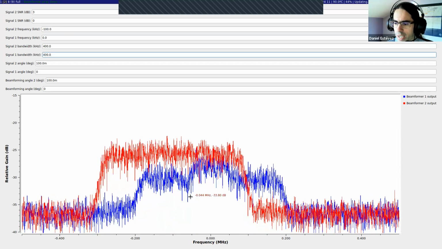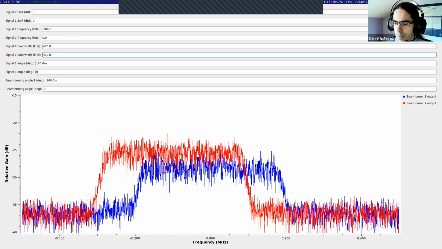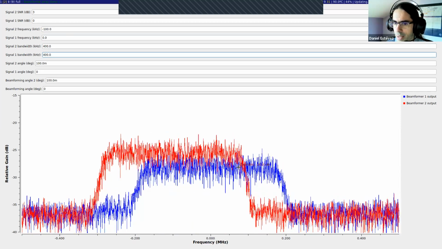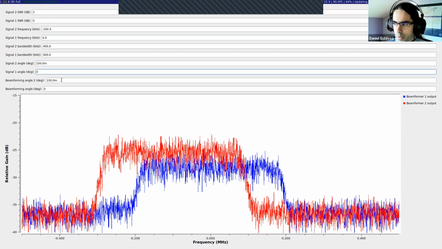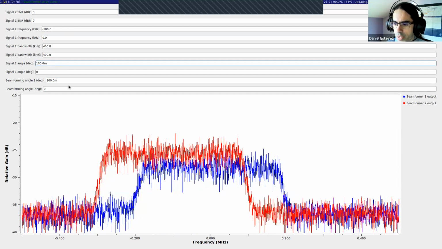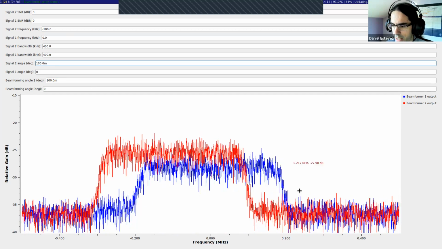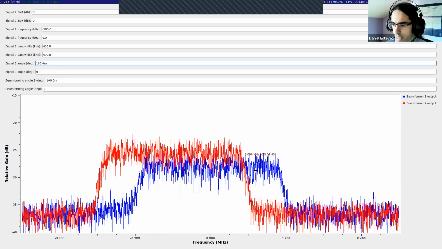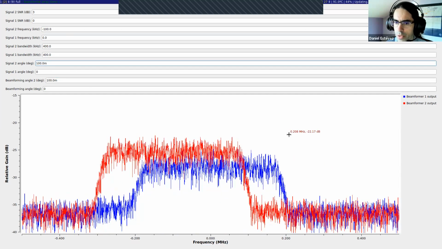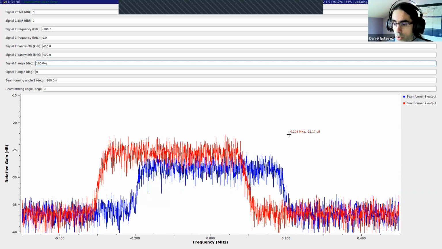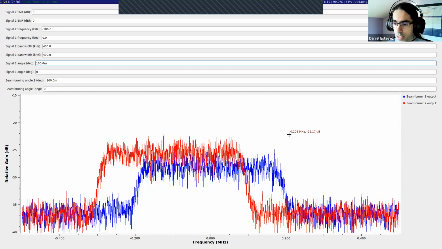So now they overlap, but taking advantage that they are in different parts of the sky, and that we have a beamformer pointing to each of the signals, we see that the signals are well separated in the output of the beamformer.